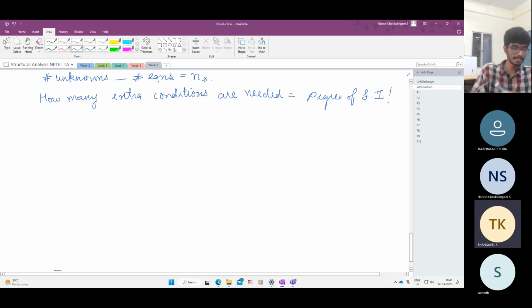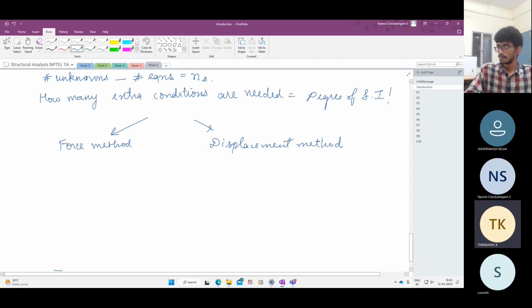Fine. Now let us see an overview of the methods that we are going to see. So now we know that we need extra conditions. So for solving this problem, we can take two approaches. One is force method, and the other is displacement method. So we need more equations, but what gives those extra equations?